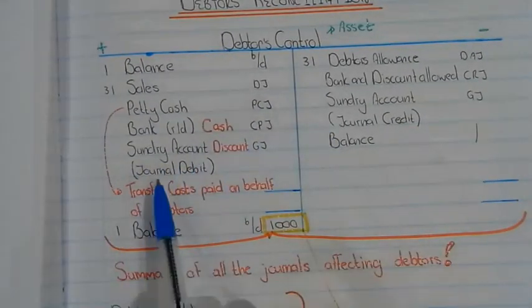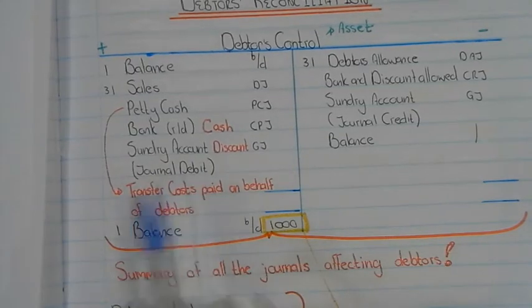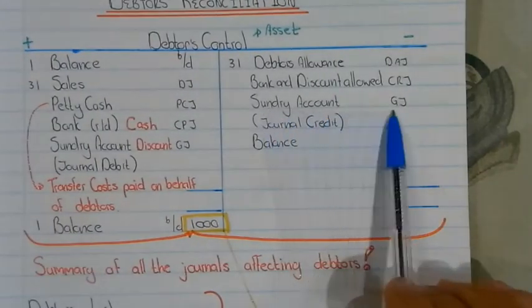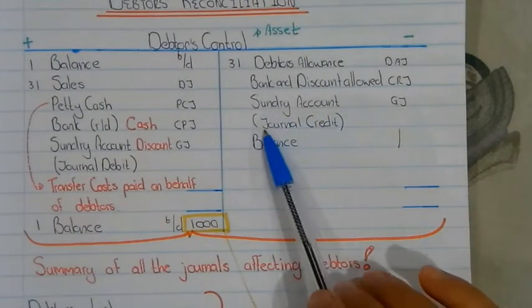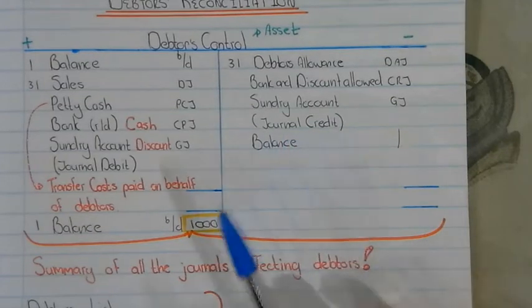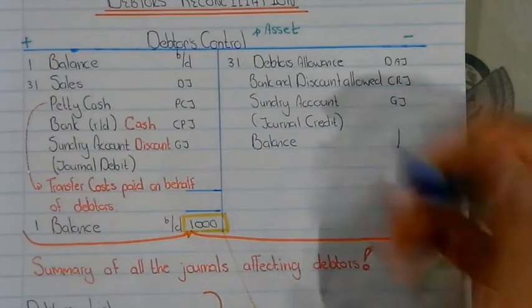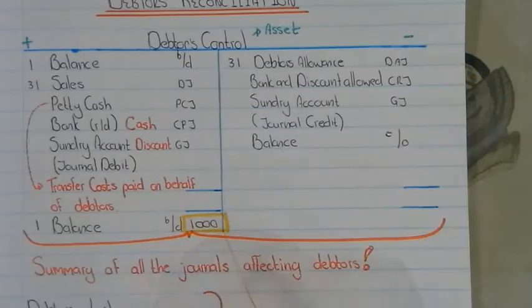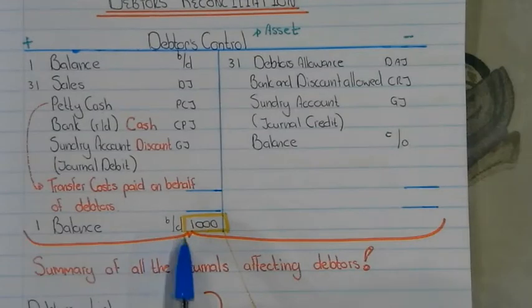You can also say journal debit. And then in my debtors control on my credit side there can be sundry accounts, general journal, and this can also say general journal credit. Then we will have our balance carried over, and on the 1st of the next month, balance brought down.